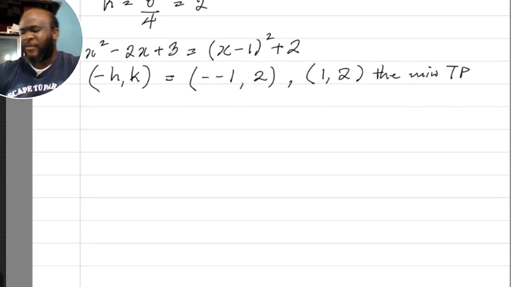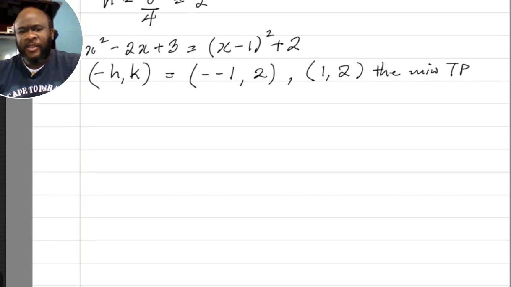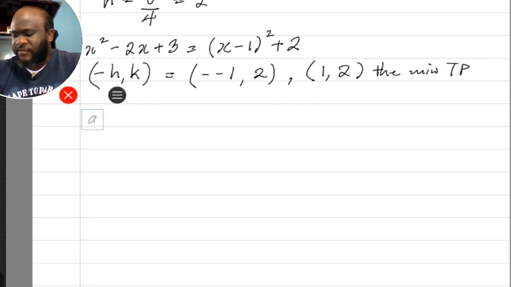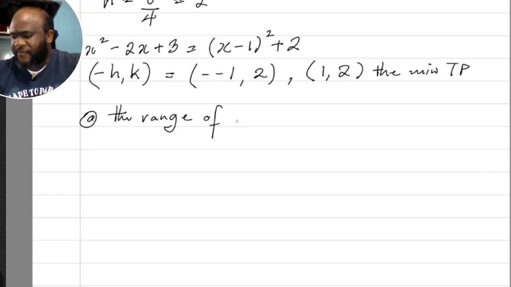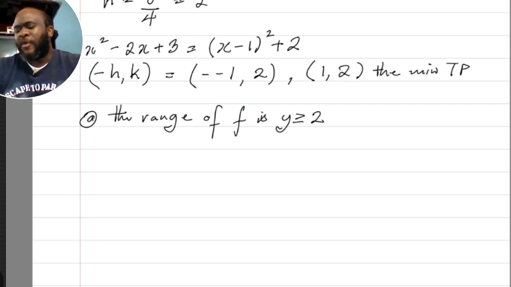So if that point is the minimum turning point, it means therefore that the range of f is y is greater than or equal to 2. Remember, (1, 2) is the minimum turning point, so no part of the graph falls below y is equal to 2. So only values of y 2 and above are in the range of the function.